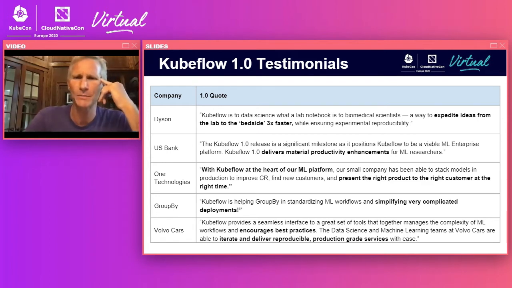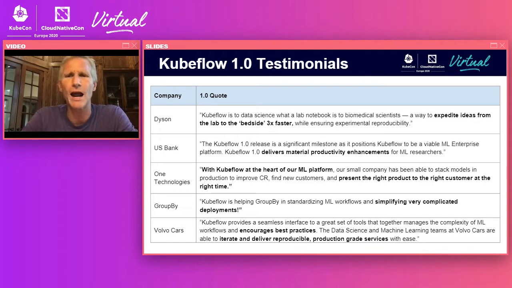As a product manager, people think about things differently. But when we also look at the success that folks are having: Dyson says they expedite ideas from the lab to the bedside 3 times faster, US Bank delivers material productivity enhancements, One Technologies presents the right product to the right customer at the right time, Group Buy simplifies very complicated deployments, and Volvo is able to iterate and produce with ease.